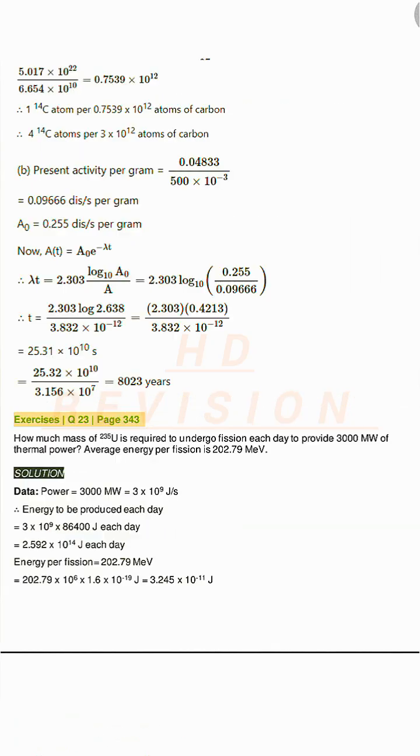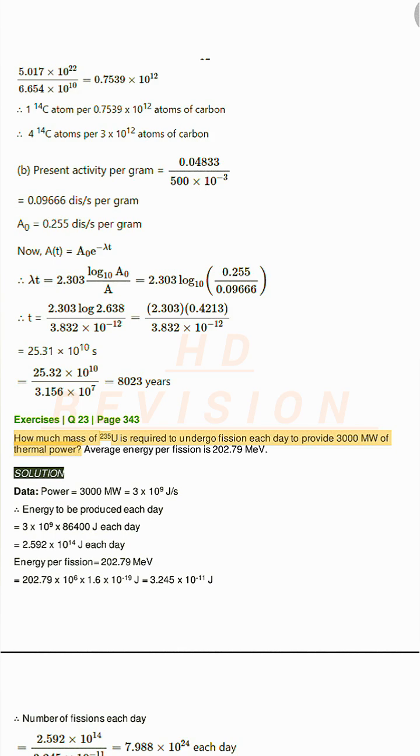Solution. Exercises Q23, page 343. How much mass of 235U is required to undergo fission each day to provide 3000 megawatts of thermal power? Average energy per fission is 202.79 MeV. Solution. Data. Power equals 3000 megawatts equals 3 × 10⁹ J/s.